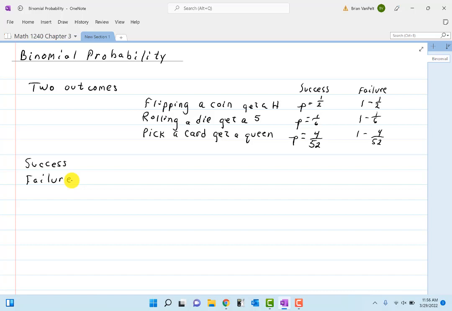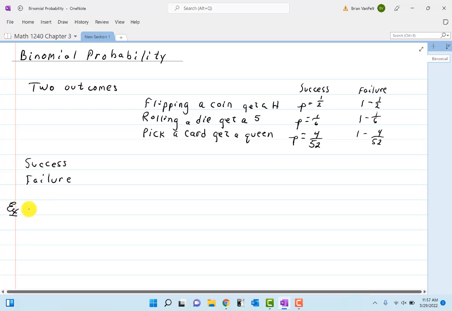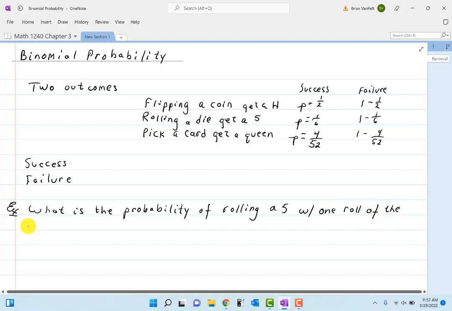So let's do an example with this. What is the probability of rolling a 5 with one roll of the die?